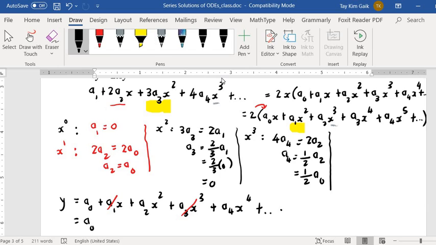So a2 is actually a naught, giving a naught x squared, and a4 is half, giving half a naught x power 4.